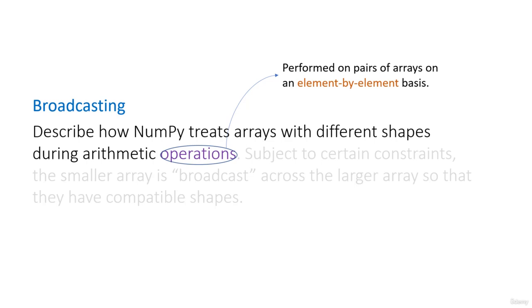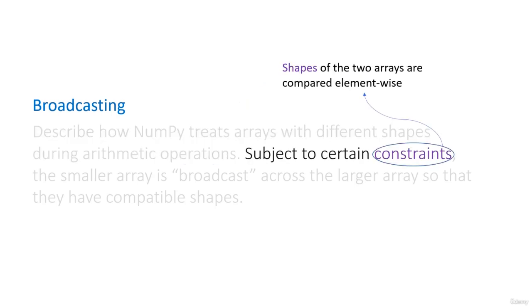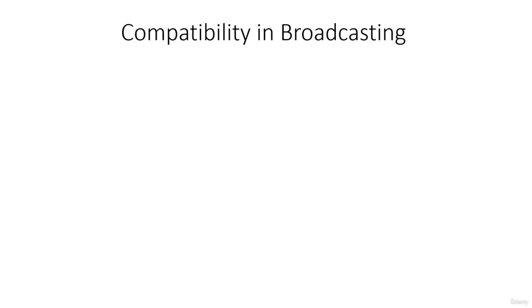To allow these element-by-element operations, the smaller array has to be broadcast to match the shape of the larger array. When we use scalars, broadcasting seems fairly straightforward because it's very easy to duplicate the scalar to match the dimensions of the array that it operates with. But broadcasting can also work with arrays that have some sort of constraints.